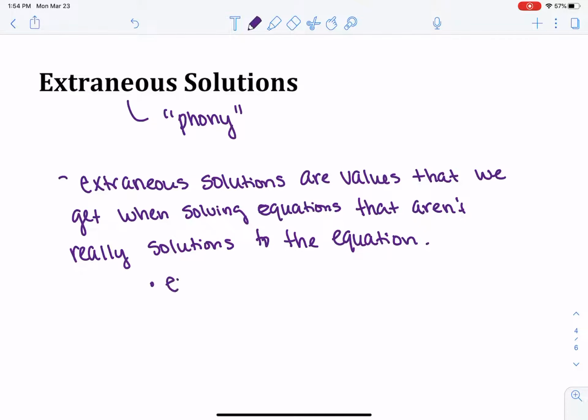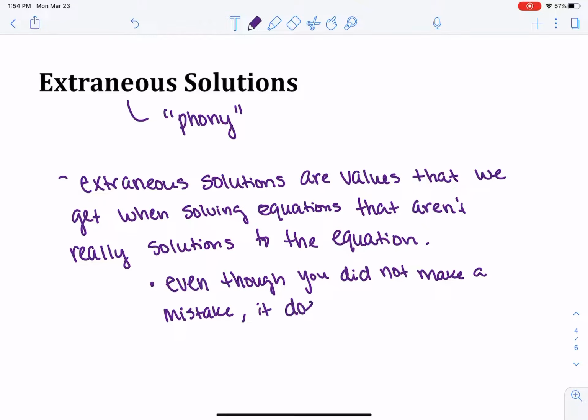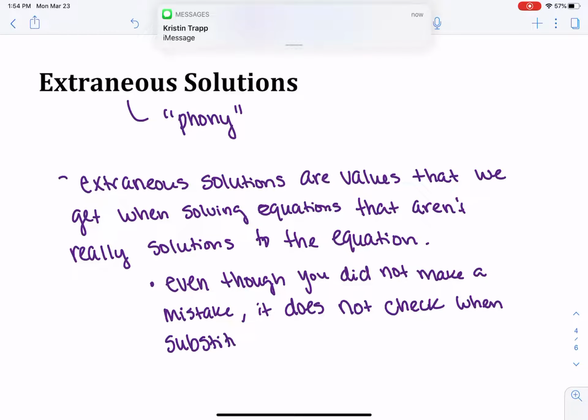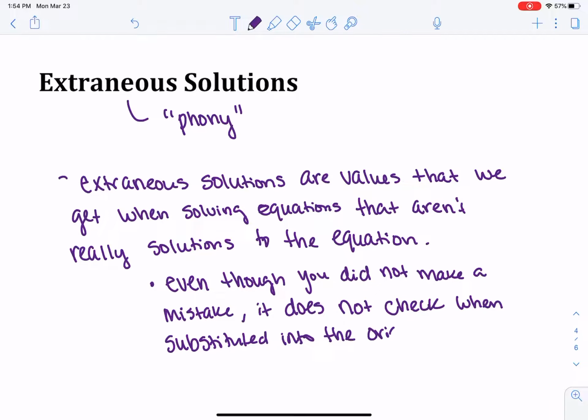And even though you did not make a mistake, it does not check when substituted into the original equation.